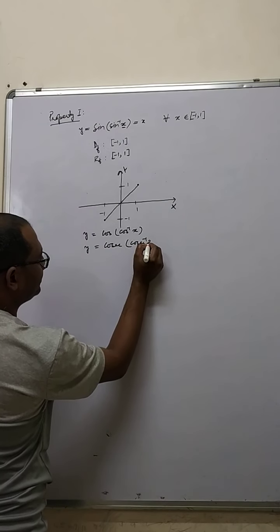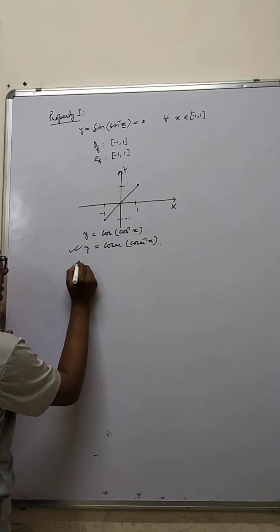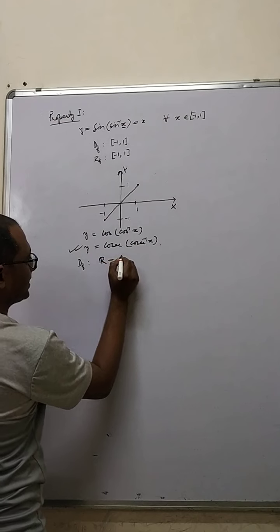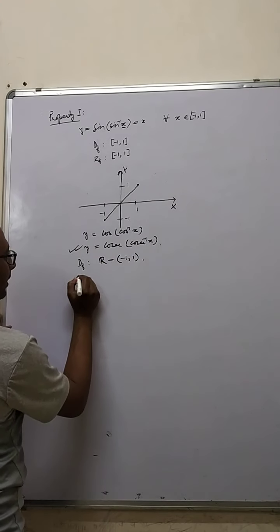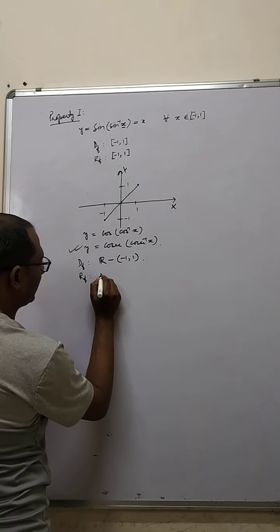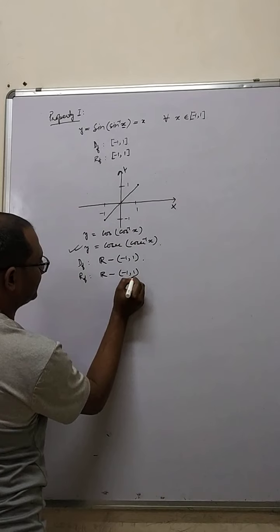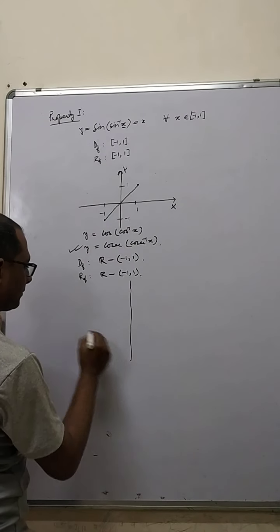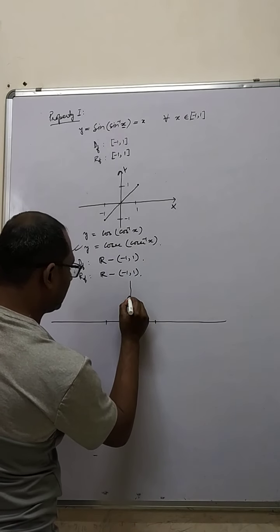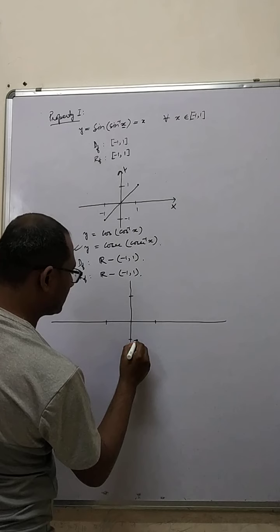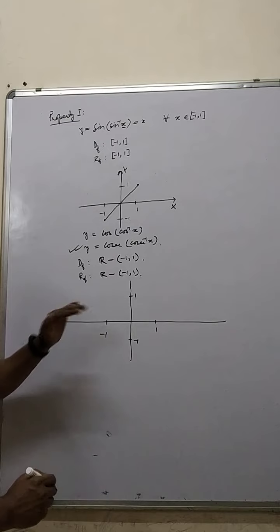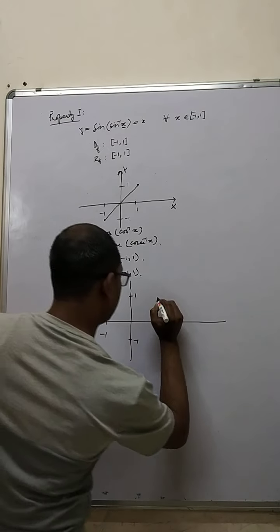Now for this function, the domain is all real numbers except -1 to 1, and the range is also the same. If I try to draw the graph of cosec of cosec inverse of x, the graph will exclude all the values from -1 to 1.